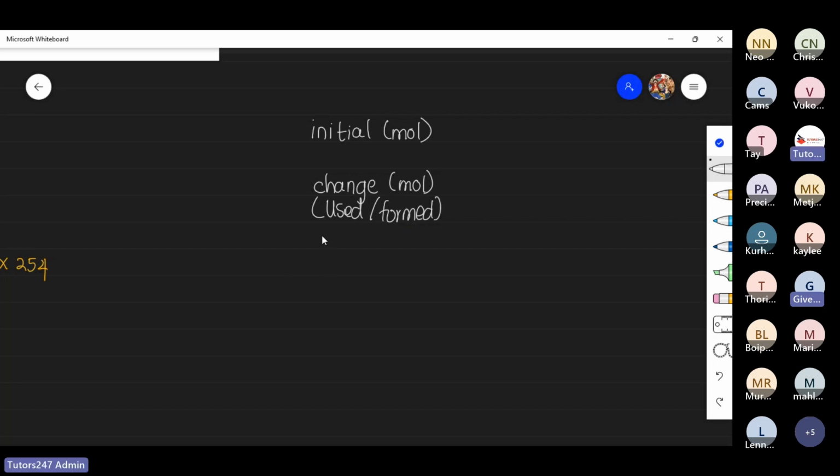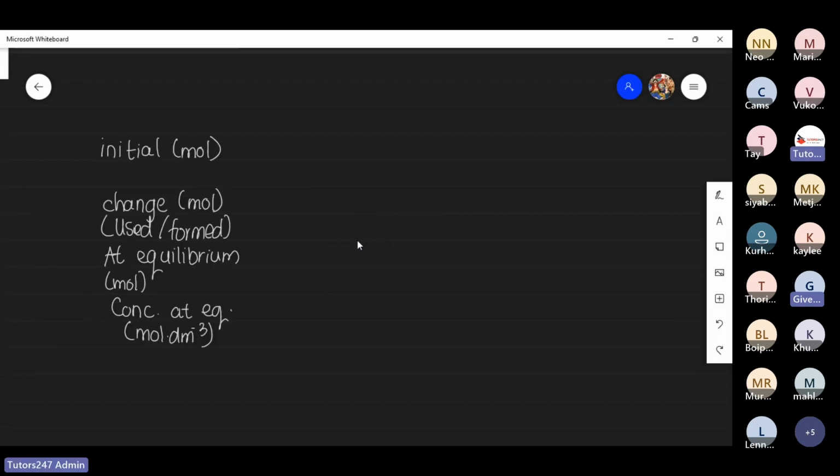And then you have at equilibrium, and that is also in moles. If you don't know this table, I recommend memorizing it. It's important. They're not going to give you the table in the question paper. You're going to need it. So concentration at equilibrium: keep in mind that concentration is moles per decimetre cubed. Okay, so this is now our table. Let's break it up.